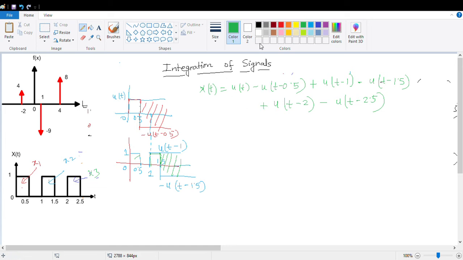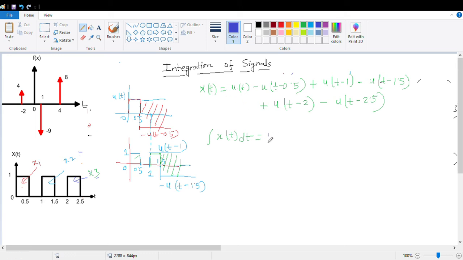Now if we integrate this signal, we will get the integral of x(t) dt. We know that if we integrate a delta signal, we will get a step. Now if you integrate a step signal, we will get a ramp. So what will this ramp be?